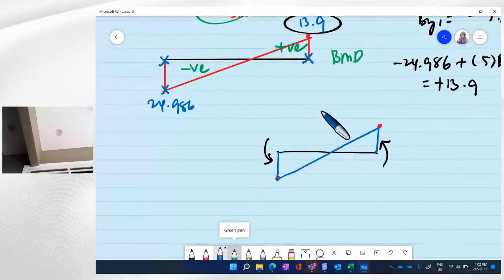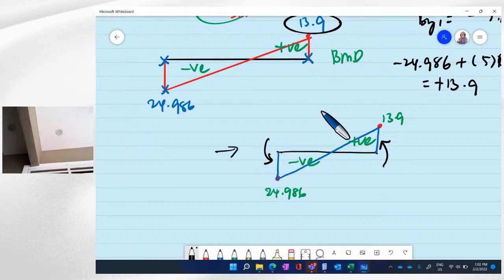And the value directly we get from the table, it is 24.986 and 13.9. So it is negative and positive. This one we draw directly from the MDM table.